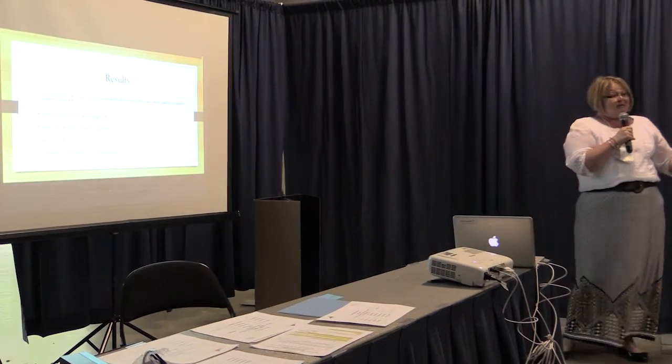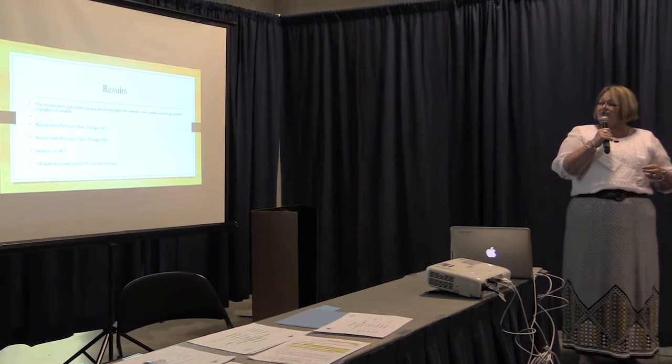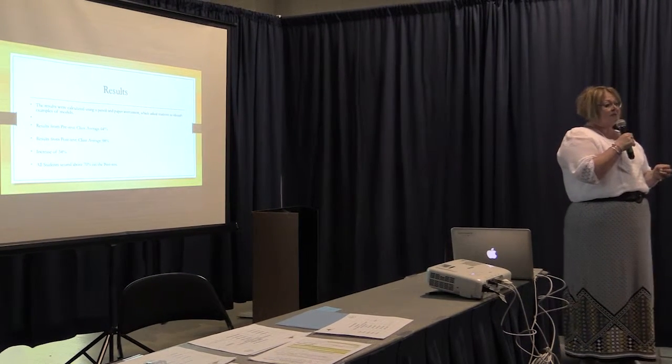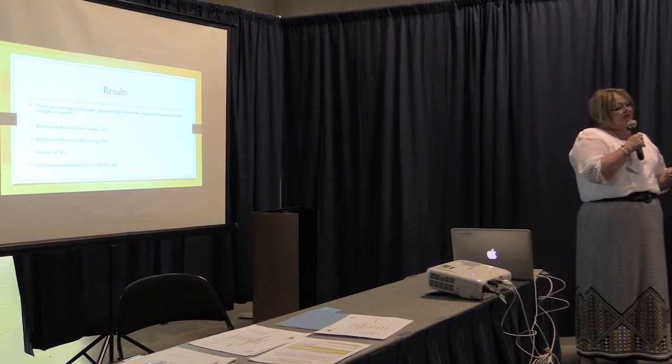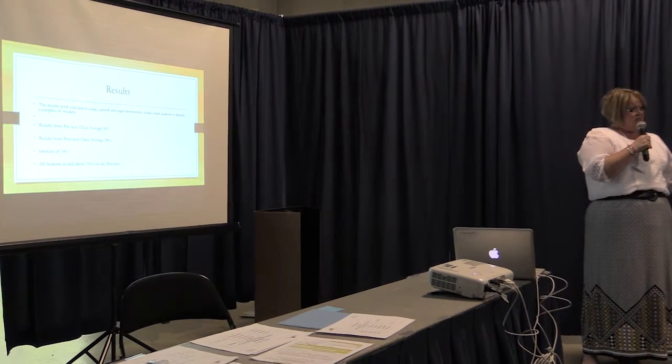We gave a pre-test and a post-test, and my pre-test average for being able to identify a model was about 64%. They really weren't clear on what constituted a model.